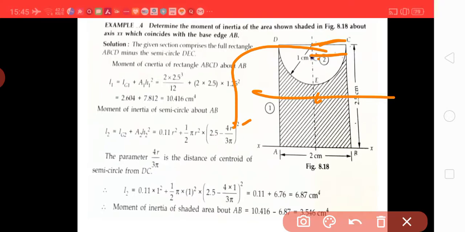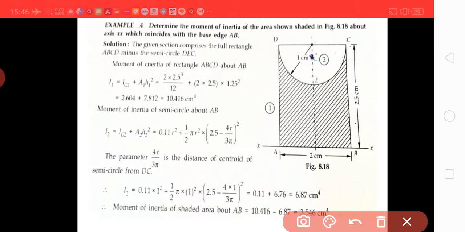For the time being, just remember this much. In the next class I will give a derivation for this, how it comes 0.11 r square and 4r upon 3 pi.